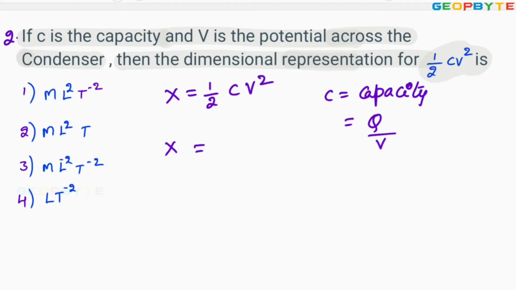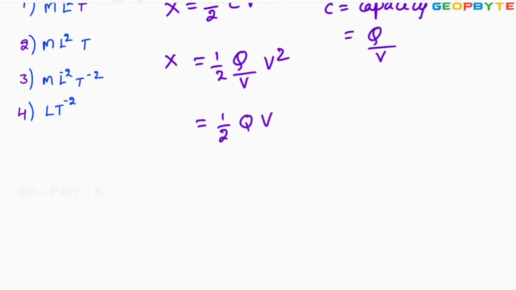So x equal to half into Q by V into V square. One V is cancelled. Finally it is half into Q into V. Q dimensional formula is IT, V dimensional formula is M L square T power minus 3 into I inverse.